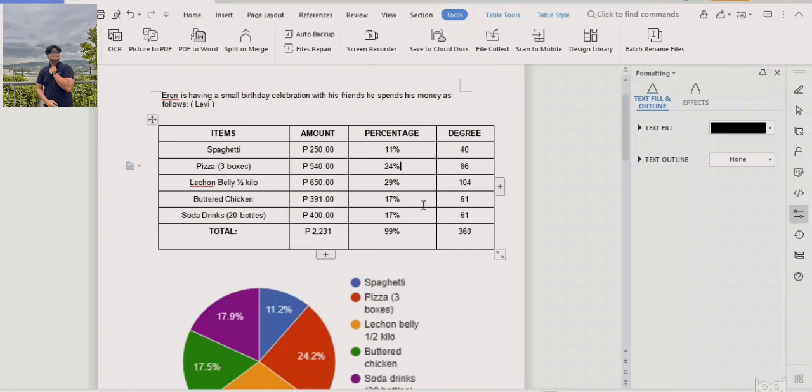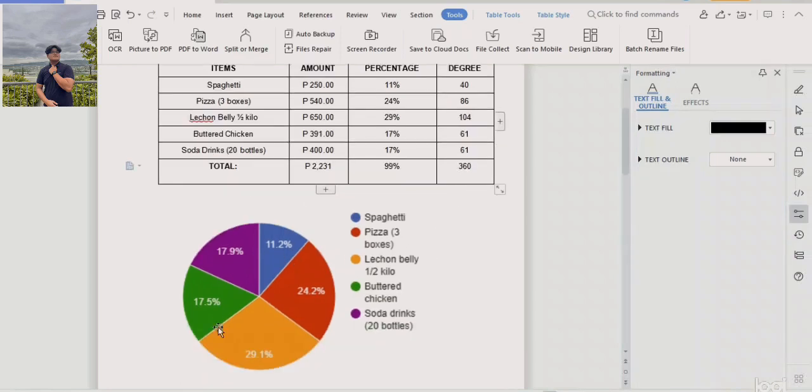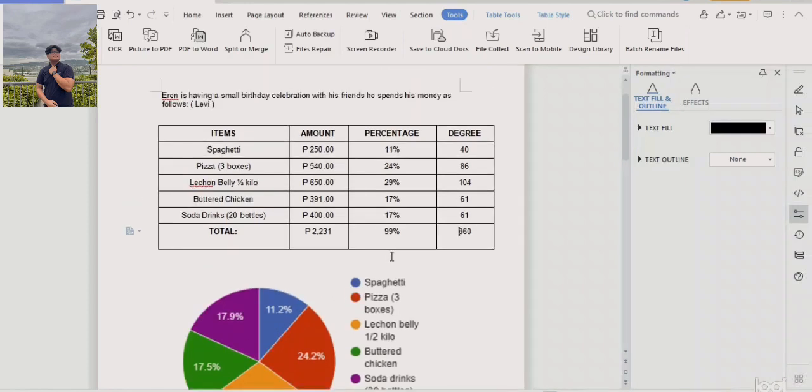Next is the degree. To get the degree, we need to calculate the percentage with the total degree. The total degree is just 360 because of the circle. The circle has 360 degrees. So now we calculate 11% of 360. That's how we get 40 degrees.